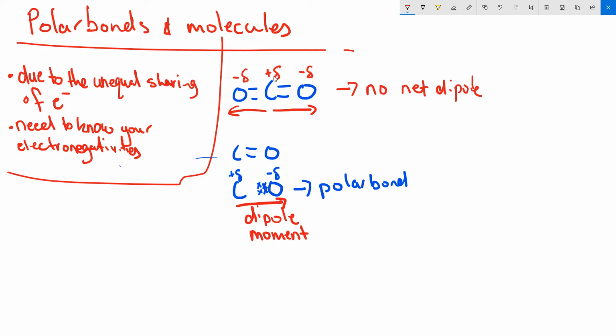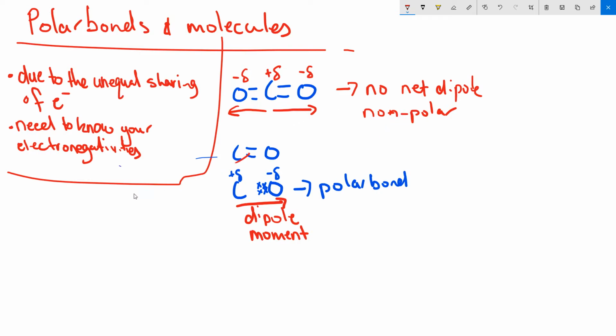So here we see even carbon being positive, but because it's not an end of the molecule, we say it's non-polar. So carbon dioxide is a non-polar molecule. And again, because of these arrows cancelling each other out, there is no net dipole.